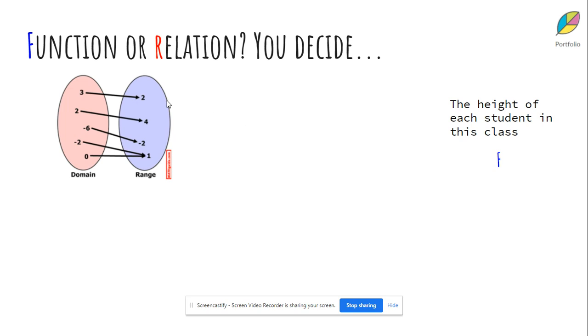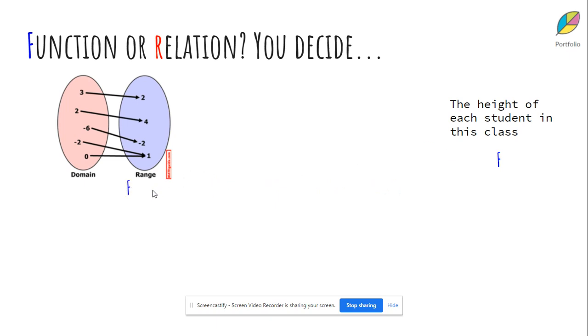Here's another representation. We have a mapping here, and we can see the relationship between the domain and range, or the input and the output. 3 is mapped to 2, 2 to 4, -6 to -2, -1 to 1, and 0 also to 1. So would that make it a relation, or would it make it a function?